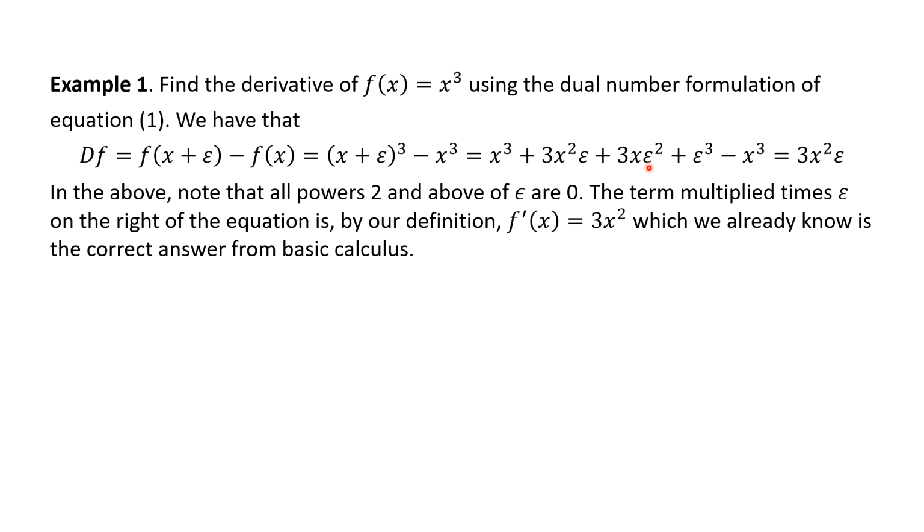Then epsilon squared is 0, epsilon cubed is 0, and you're just left with this one term here. By our definition, whatever is multiplied times epsilon, in this case 3x squared, is our derivative. And we know from basic calculus that in fact that is the derivative of x cubed.